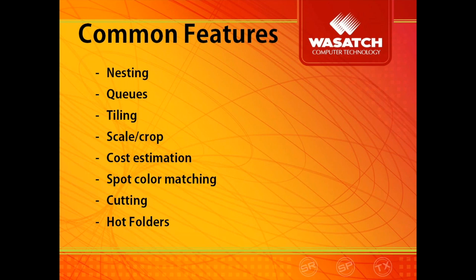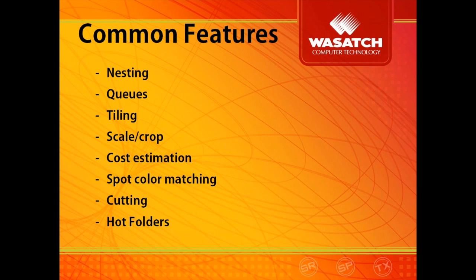Queues help manage your work. There's tiling tools to break up large images for car wraps or to fit around windows, things like that. RIPs will also allow you to scale or crop files to fit what you're trying to print. If your source file isn't already properly managed or sized, RIPs will help you do that.